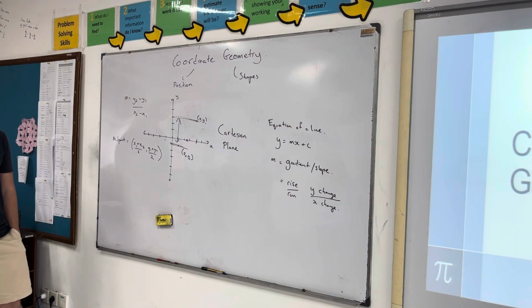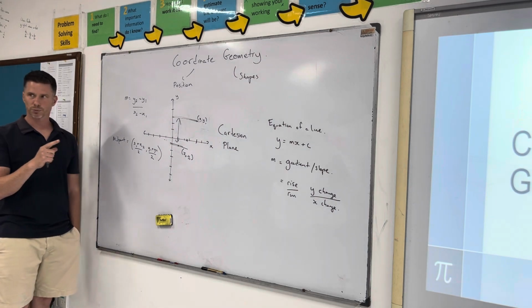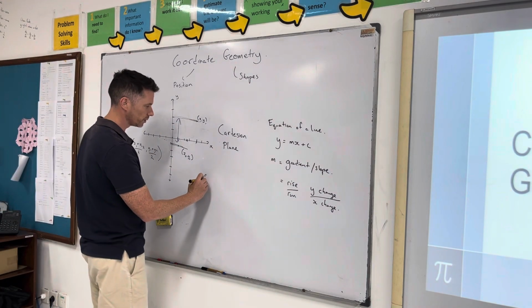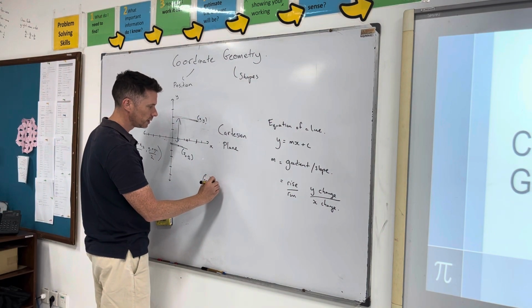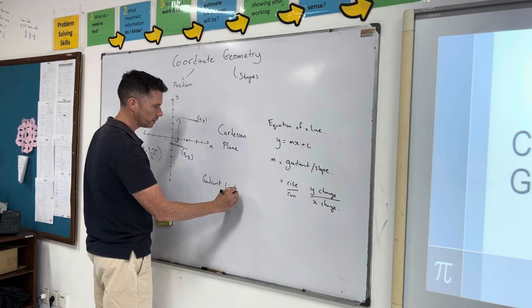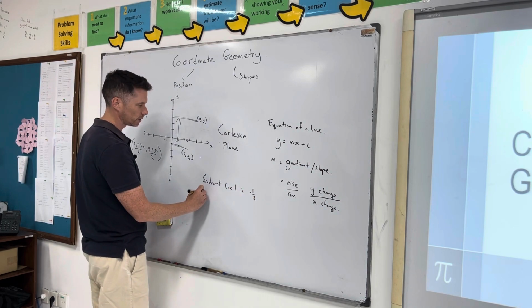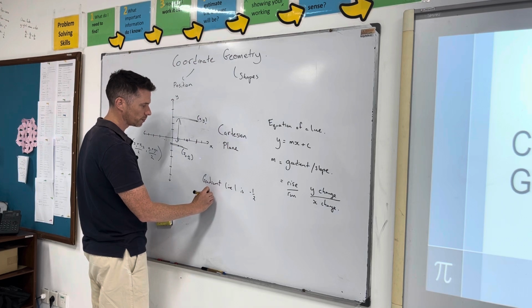Perpendicular, 90-degree angle. How does perpendicular work with slopes or gradients? Okay, so if the gradient of line 1 is minus a half, what's the gradient of a perpendicular line to that?